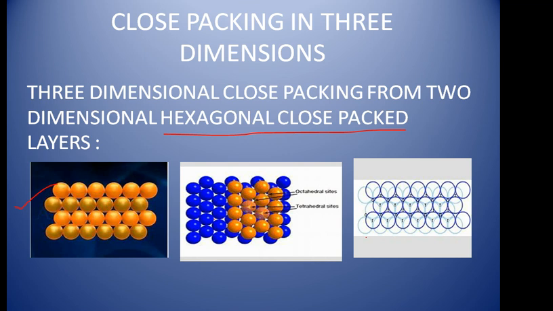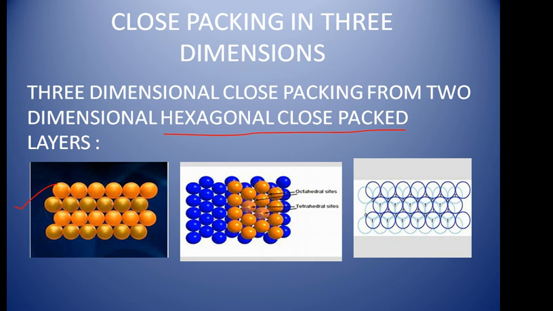You can imagine that whenever you are stacking these spherical balls, that means the particles, you get some vacant space. Initially we learned that maximum space will be occupied but minimum space will be left free, empty.